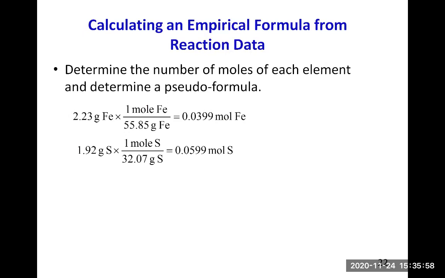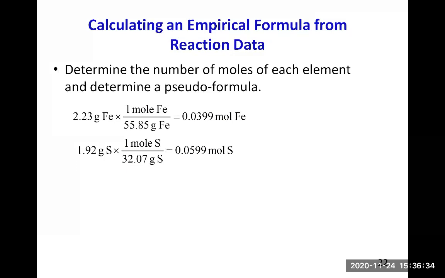That's the molar mass of sulfur, and we use it as a conversion factor with the grams on the bottom, so we can cancel the units of grams of sulfur. 1.92 divided by 32.07 is 0.059869. If we round this to 3 sig figs because the given amount has 3 sig figs, that's 0.0599 moles of sulfur.